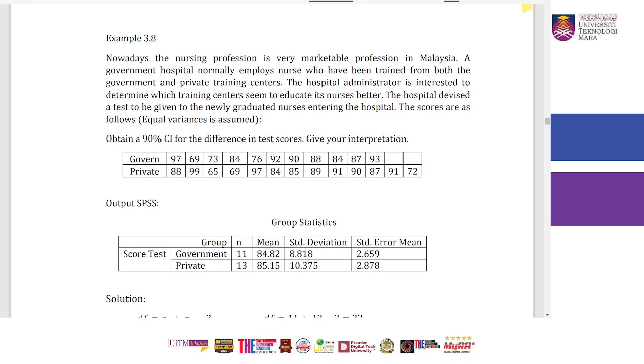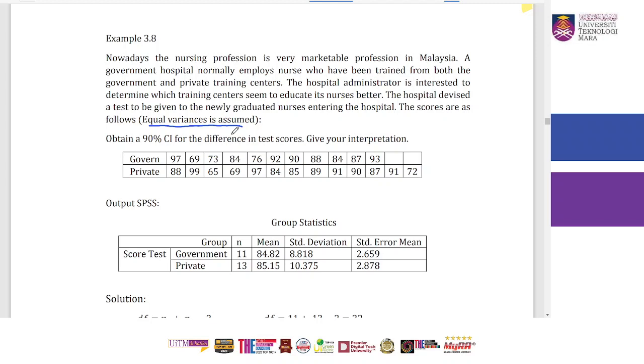And then in this situation, it gives you the information that equal variance assumed. So kat sini dia tak perlu kira lah. So dia dah bagi equal variance assumed. So we assume equal variance. Okay. So that means if you assume the equal variance, you need to find the critical value and the standard error using the formula as we mentioned earlier.